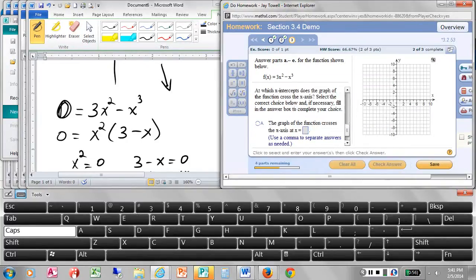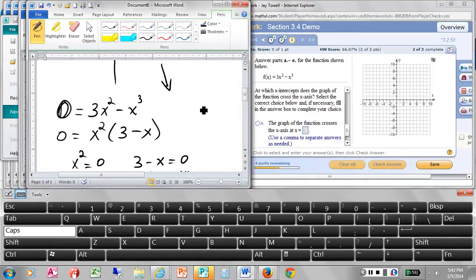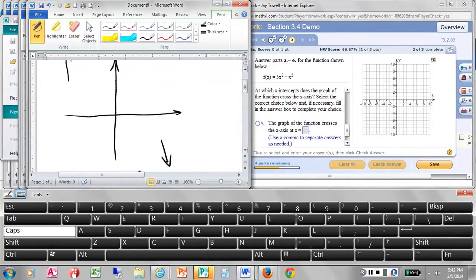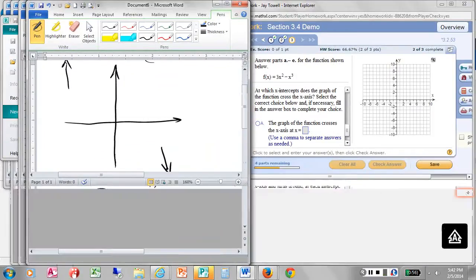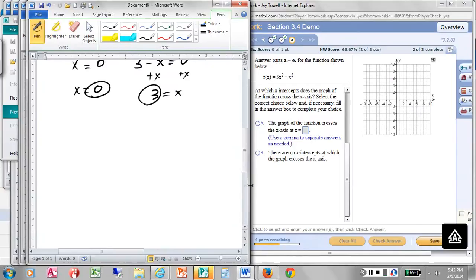All right. And also, at which x-intercept does the graph of the function cross the x-axis? Select. All right. Well, again, just starting off here, let me go ahead and complete this graph.